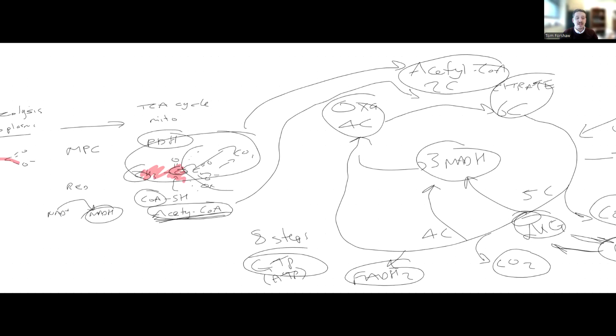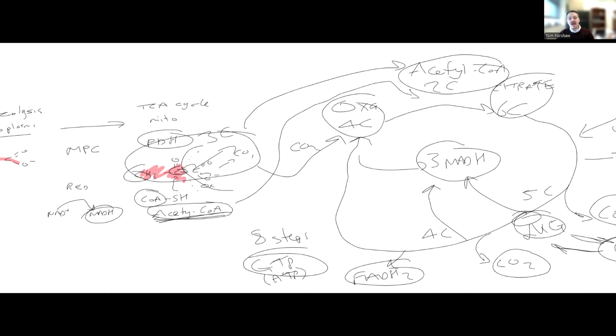But also, this 3-carbon pyruvate, you can add a carbon to it to generate the 4-carbon oxaloacetate. So you can remove a CO2 and add it as acetyl-CoA, or you can add a CO2 and add it as oxaloacetate. And that is again an anaplerotic reaction.